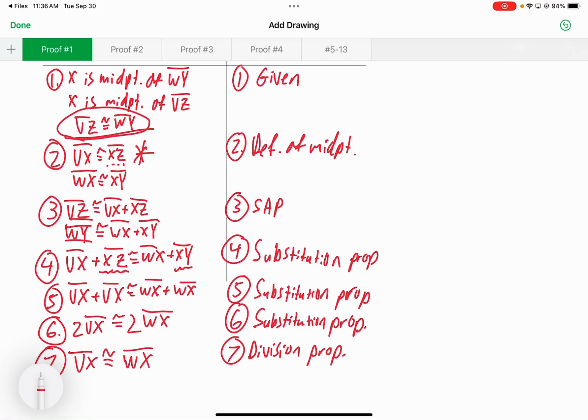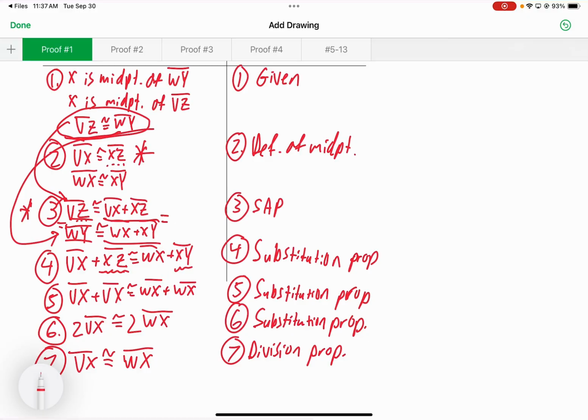I know that they're congruent to each other. And then down in step 3, I broke those big segments apart. So VZ, which is right there, equals these 2 things added up. And then WY, which is right there, equals those 2 things added up. And since I already knew that they were equal, I just set the right sides equal to each other.